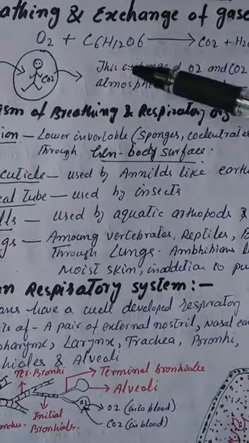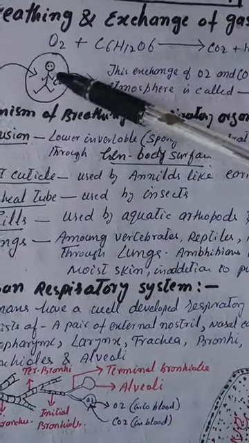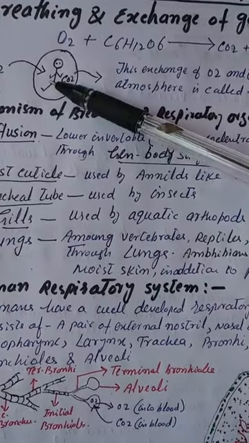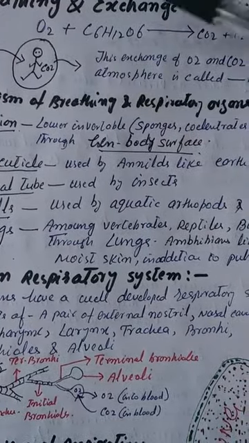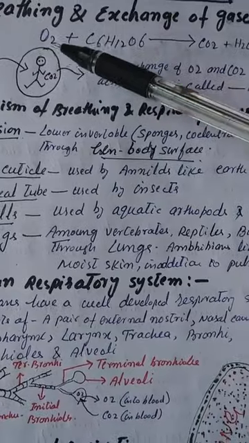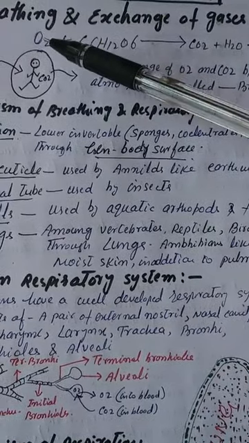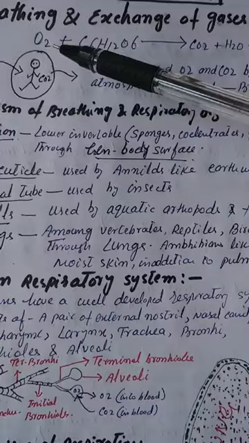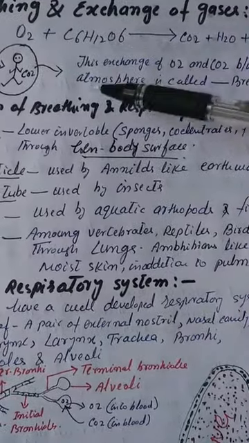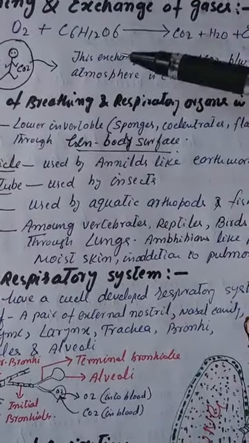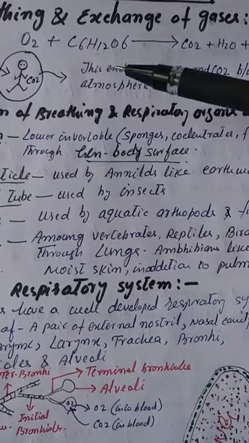Now, this exchange of oxygen and carbon dioxide between the organism and the environment or atmosphere is called breathing or respiration. Now let us have a look at the mechanism of breathing and respiratory organs in different animals.